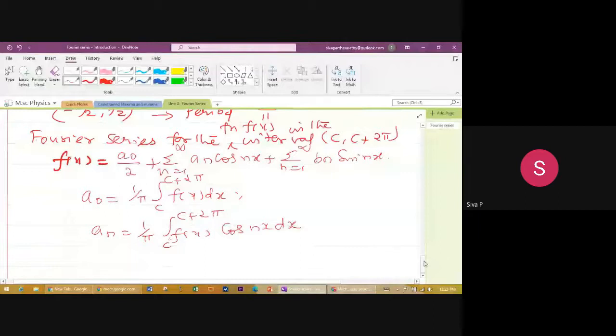Then bn is 1 by pi integral over c to c plus 2 pi f of x sin nx dx. Okay, this is the next concept.